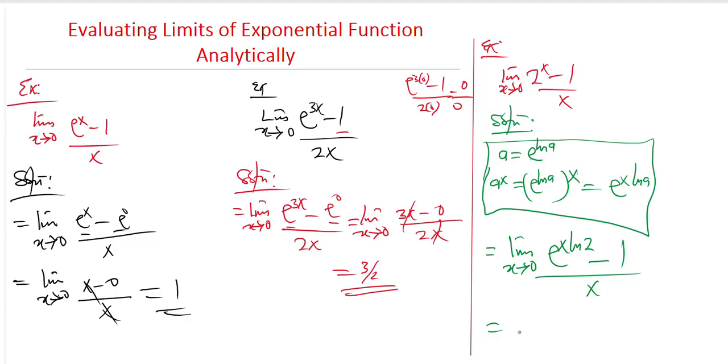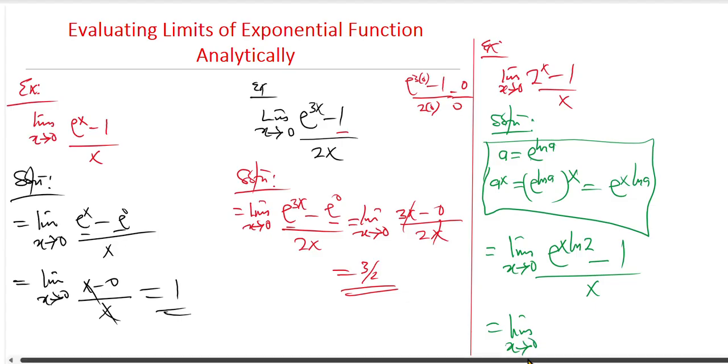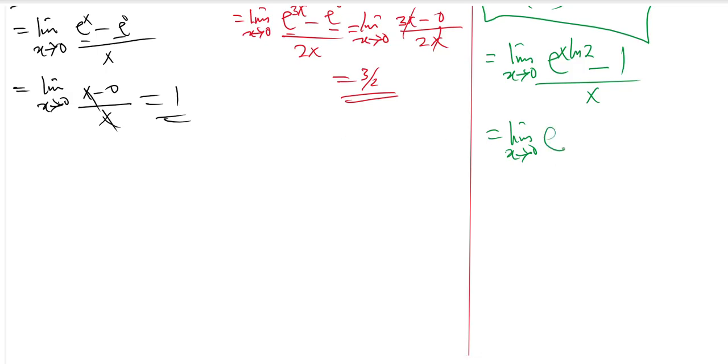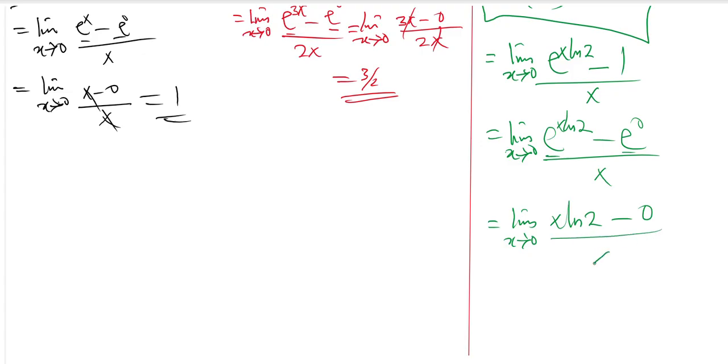And we know that this is the same as the limit as x approaches 0 of e to the power of x ln 2 minus e to the power of 0 all over x. And we can see they are the same base, so we can take the powers. The limit as x approaches 0 of x ln 2 minus 0 all over x.